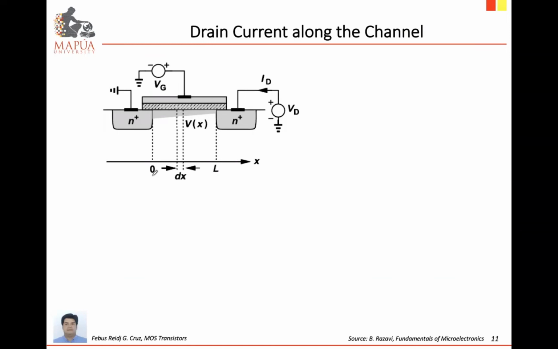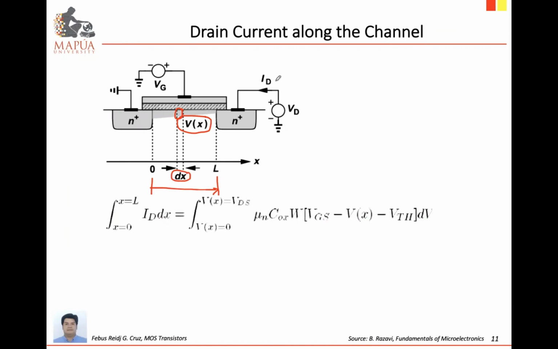In this example, this is the channel length equal to 0, and this will be the channel length equal to L. So for a given cross-section, you have here the change in the channel length. That is the x.